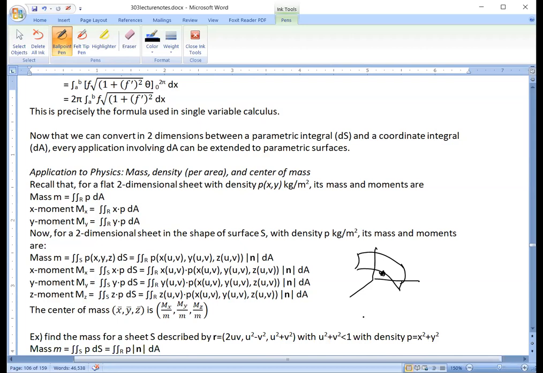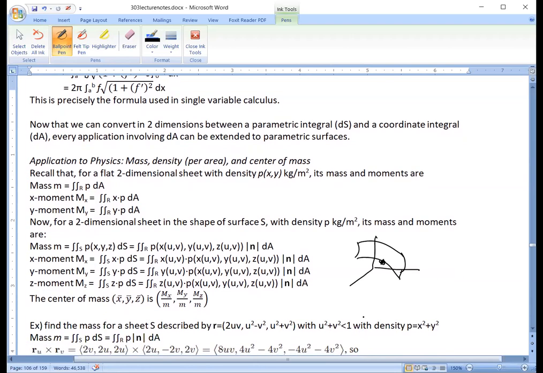The first thing always is to make sure we get our parametrization. Well, we're given the parametrization. Great. What's the next thing we need? The next thing we need is the two tangent vectors, and then take the cross product to make the normal vector. So let's do that. Your first tangent vector, dr du, calculate that and you get 2v, comma, 2u, comma, 2u.